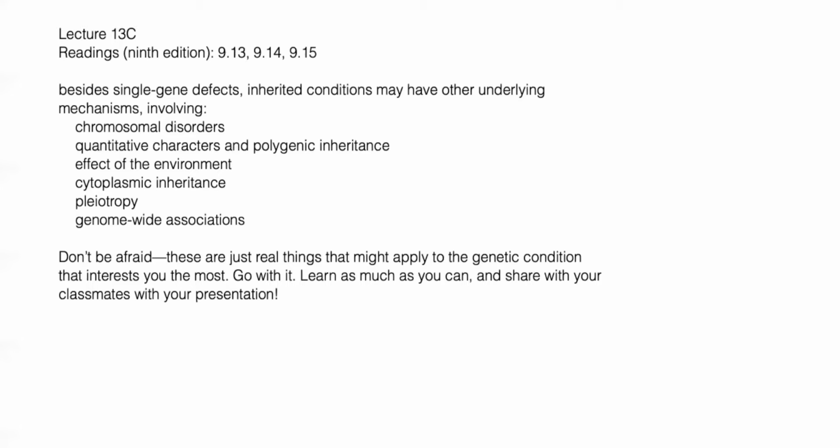And so there are plenty of other mechanisms that don't necessarily follow, well, here's the gene, here's a mutant allele that causes the disease. Here's what happens as a result of having a mutant allele. You could choose a condition that is inherited, but the underlying mechanism has something to do with chromosomes.